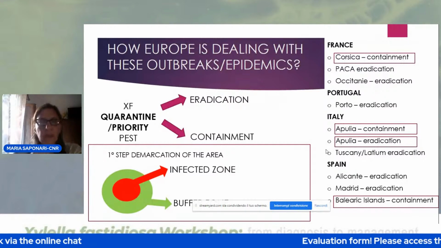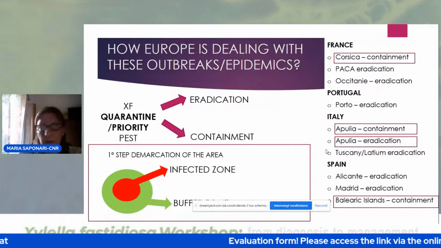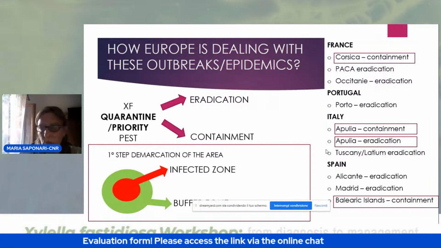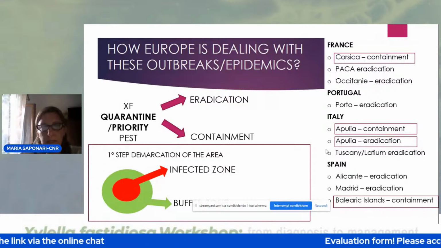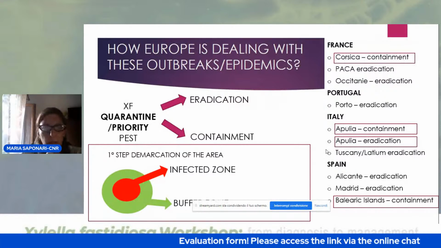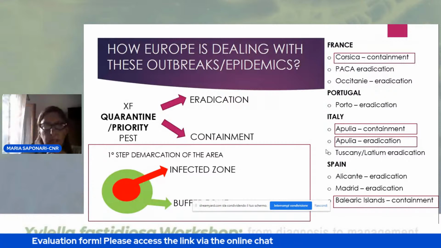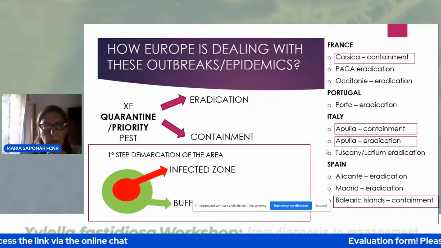There are some examples of this eradication, like the one in Germany, because it was related to a single potted plant, but also in Madrid there was an outbreak related to one or a few olive trees that was eradicated, as well as in a nursery area in Apulia, where the bacterium was identified in potted plants and eradicated.